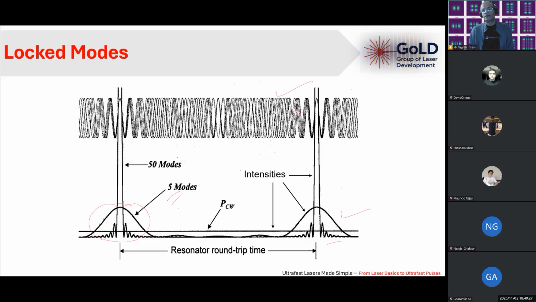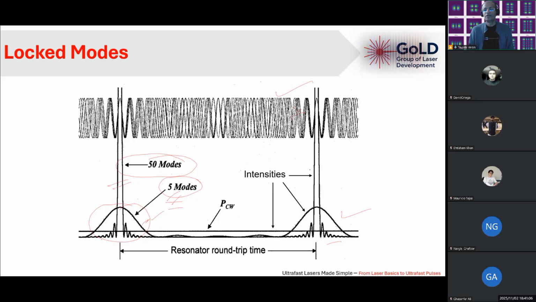So if you have locked 50 modes, you get this pulse, and if you locked 5 modes, you get this. So if you really want ultrafast pulses, you need to lock as many modes as you can, so you have a broader spectrum. If 5 modes are locked, the spectrum wasn't that broad, so you get something, but it's not that intense a pulse, and it can never be a femtosecond pulse.